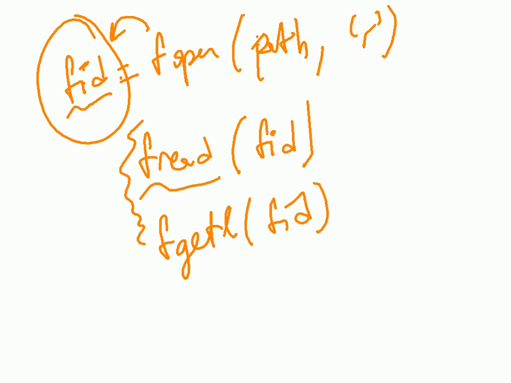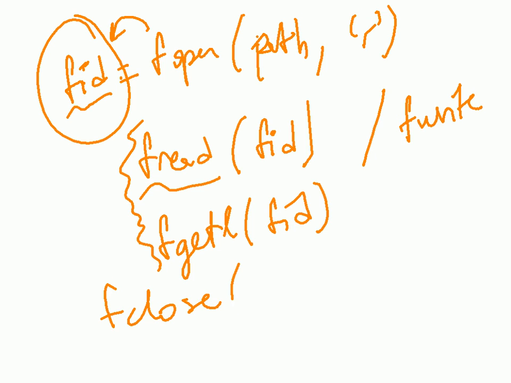So after you open the file, you would perform one or more of these file reading operations, or file writing operations if you opened it with write permissions, fwrite. And then when you are done with the file, you would call fclose to close the file. All right? And again, you provide the file ID.